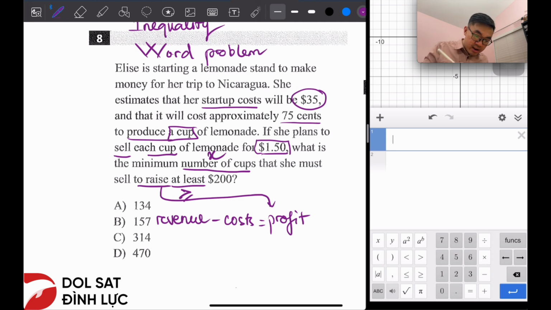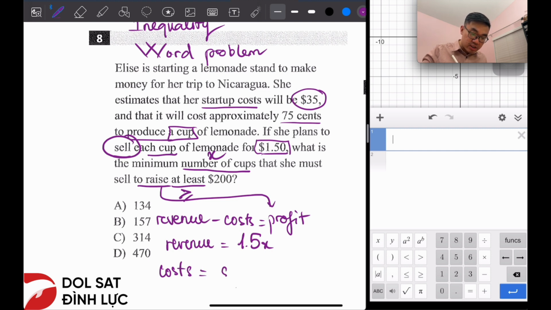Now the revenue equals the sales. She sells each cup for $1.5, so she will sell x cups for 1.5 times x. For the costs, she would have to spend money on startup and money on production.